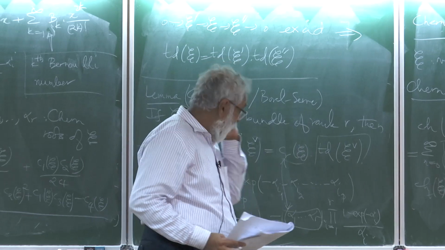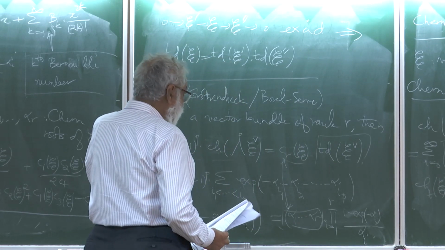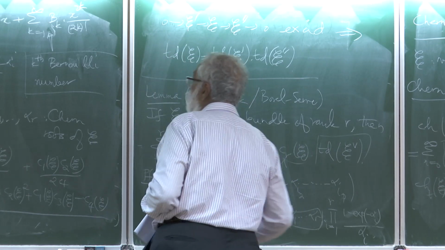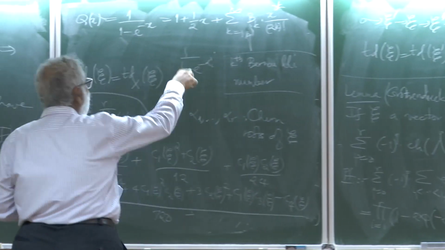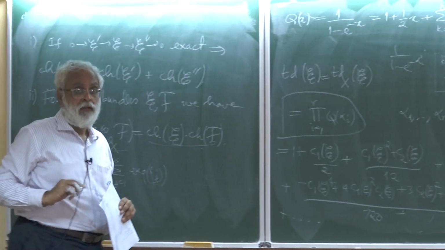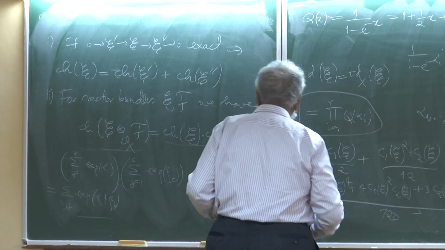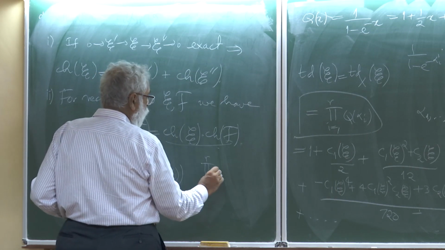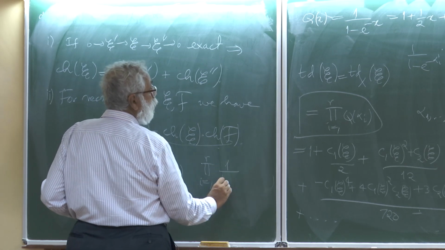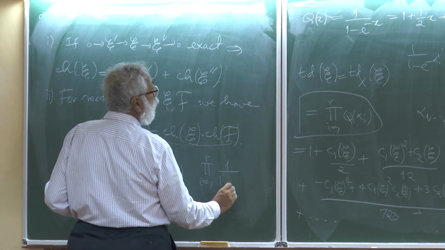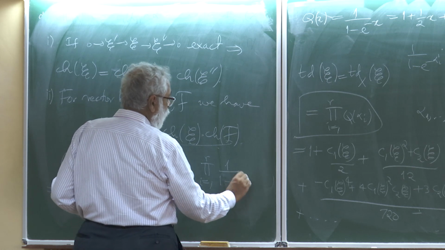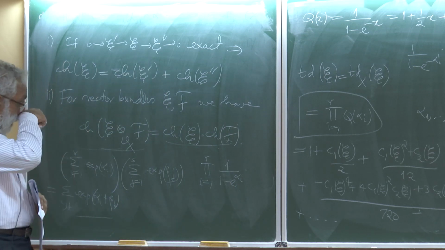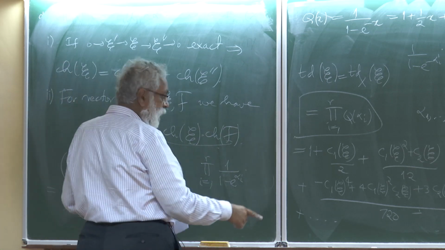Exactly. So E dual is the same expression with plus alpha i. So Todd of E dual should have been the product, i equals 1 to r, of 1 upon 1 minus e to the alpha i, which I should be able to rearrange into this sum.